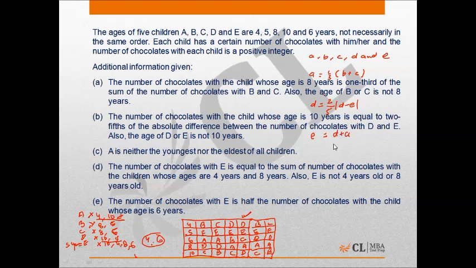In the last statement, it is given that the number of chocolates with E is half the number of chocolates with the child whose age is 6 years. In this case, C is 6 years old. So it is also equal to C by 2.